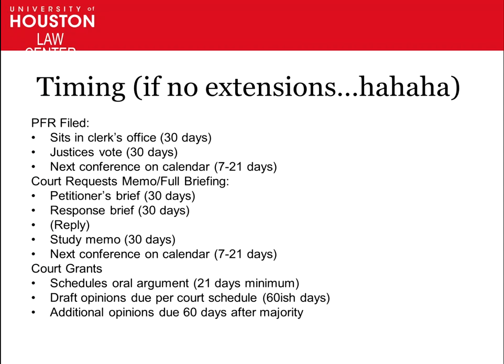And that's not even counting the time for the opinions to be written, conferenced. If it's a difficult opinion, it'll be conferenced 4 or 5 times. So it's a process. Anyway, that is the way the court processes petitions for review.